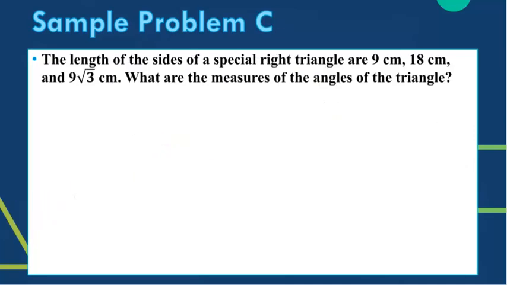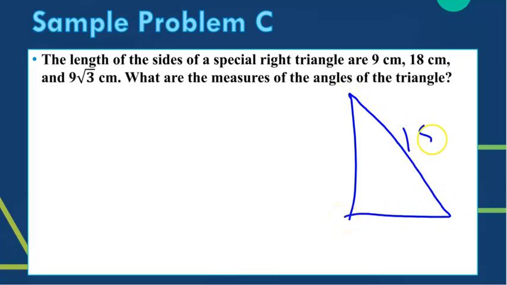Next, a word problem. Here it says the length of the sides of a special right triangle are 9 centimeters, 18 centimeters, and 9 square root of 3 centimeters. So that means if I draw a triangle here, this would be 18.